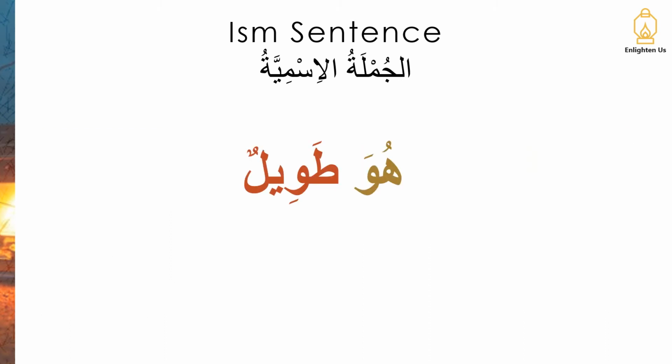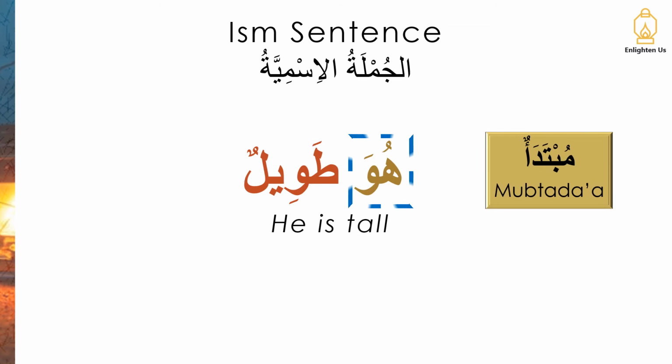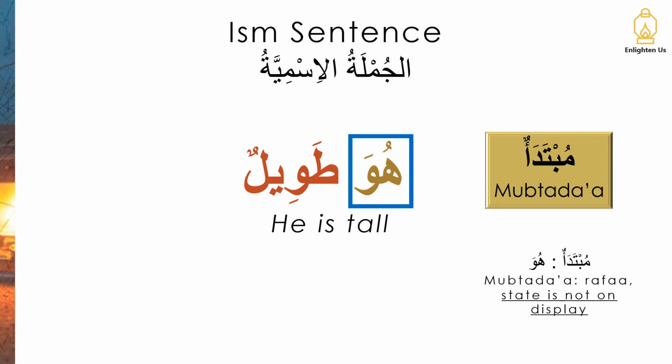Now this is a slightly more interesting example. Huwa tawilun, he is tall. Now, huwa is our mubtada, but if you have a look here, you can see a fatha, but don't let that fatha fool you. Huwa is a pronoun, huwa is a damir, and therefore its state is not going to be on display.